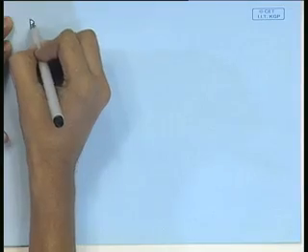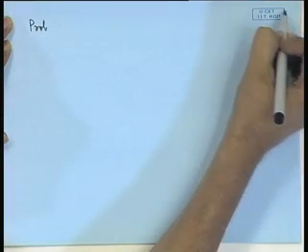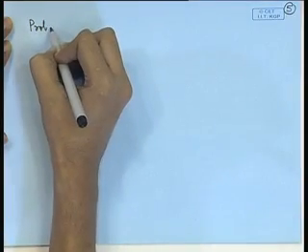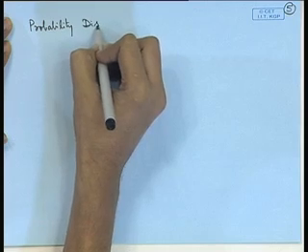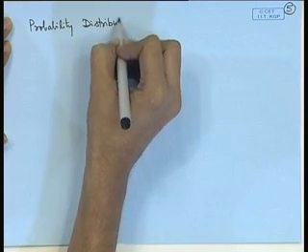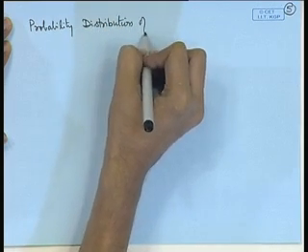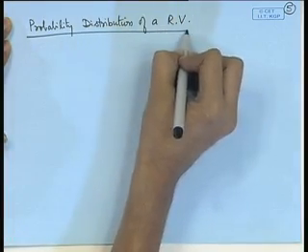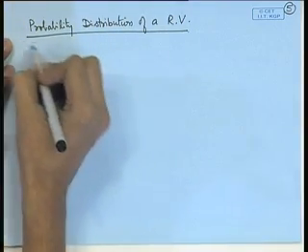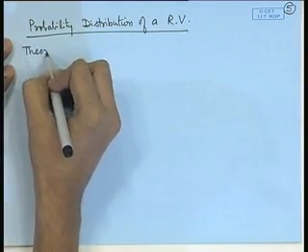Next, we talk about the probability distribution of a random variable. We have the following result.